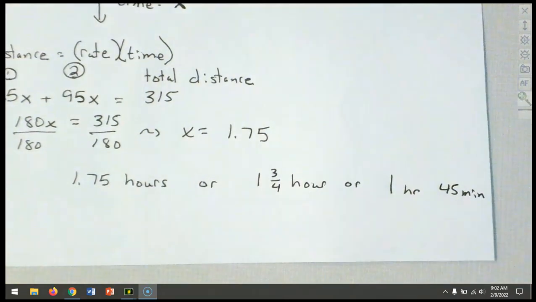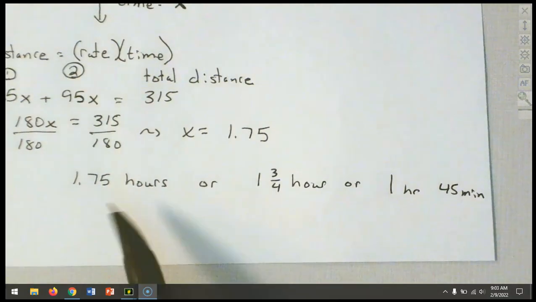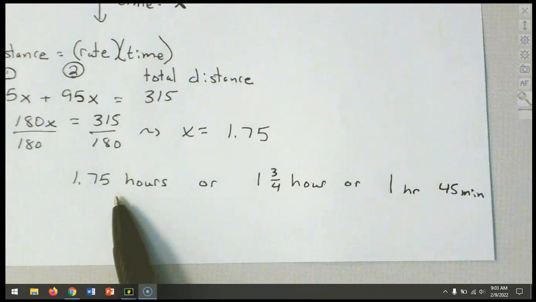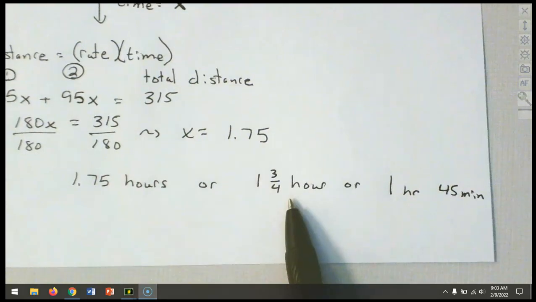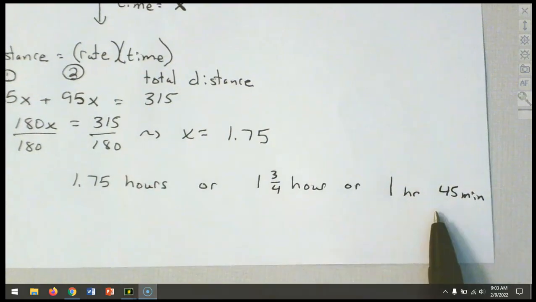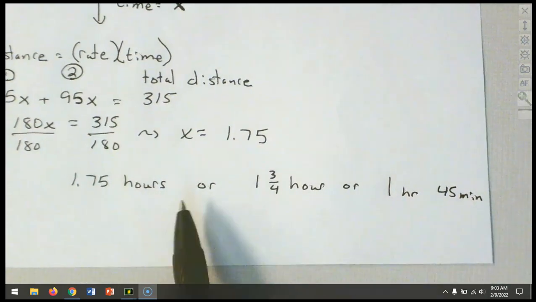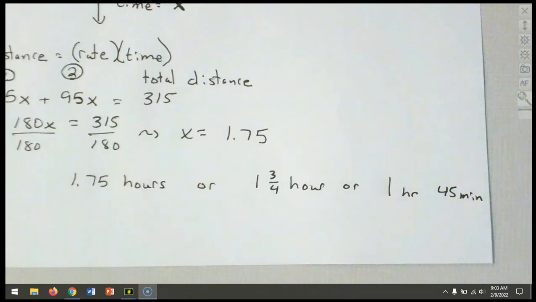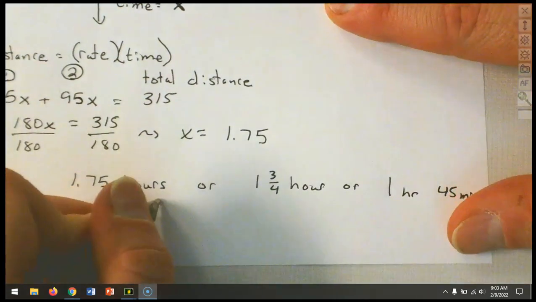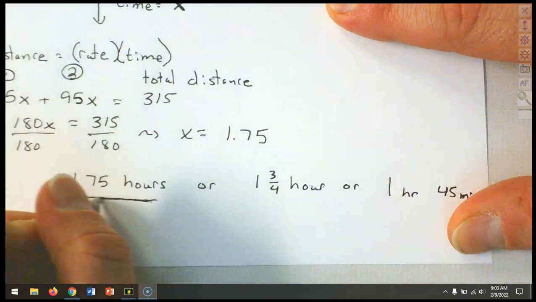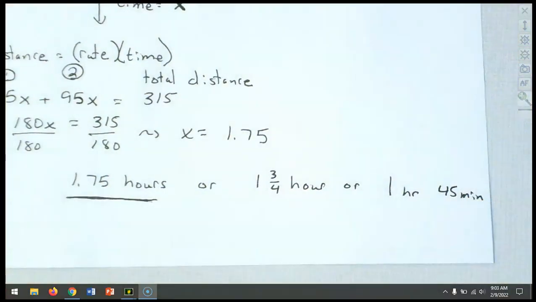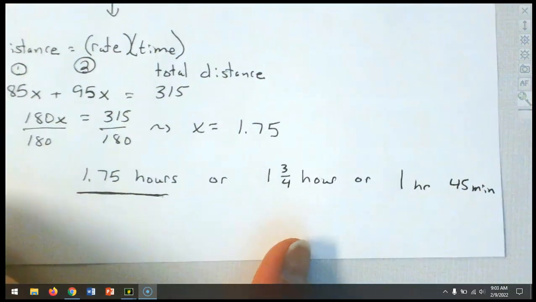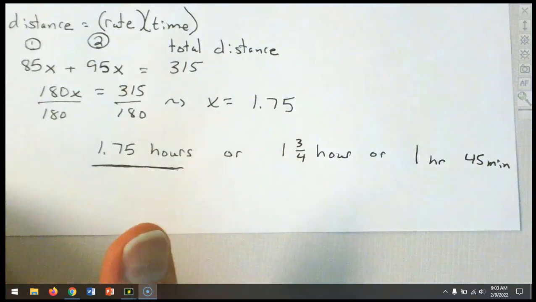Doesn't matter which one you choose. They're all the same. So unless it specifically tells you how many minutes, 1.75 is fine with me. If you want to write it as a mixed fraction, that's okay as well. And if you want to break it down into minutes, you can also do that. Most of you will probably leave it as the easier one, 1.75 hours, and that's okay. The main thing is just making sure that we can solve the question.